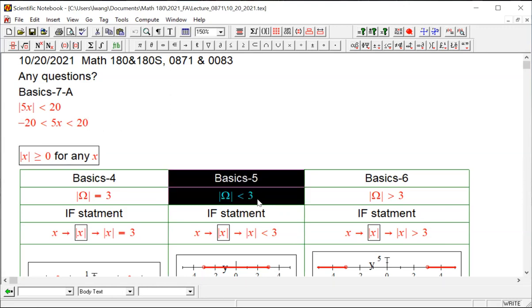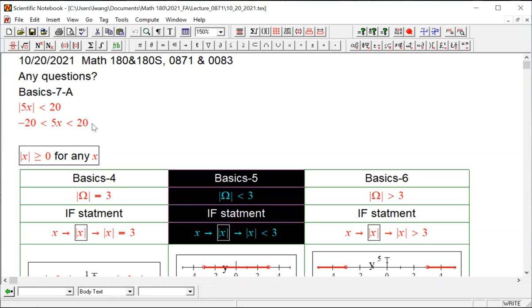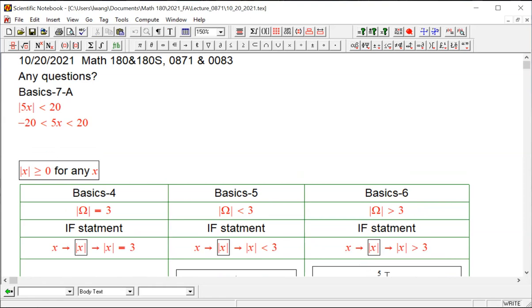So it's a basic 5 type. And then you would divide both sides by 5. When we divide all three sides by 5, we get negative 4 less than x less than 4. Then you're done.